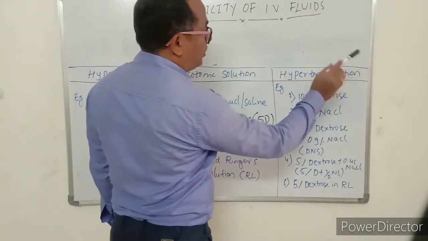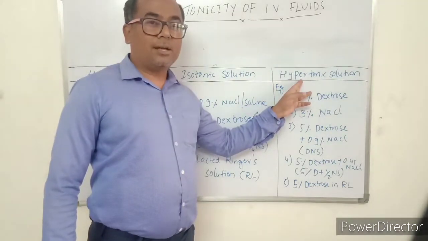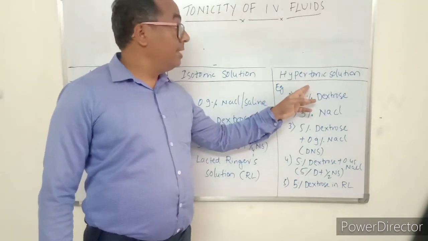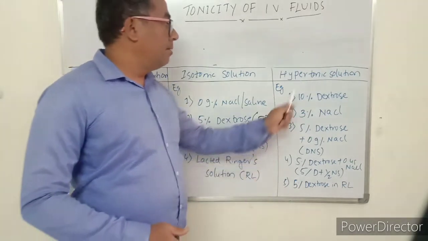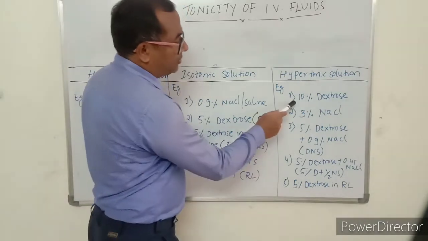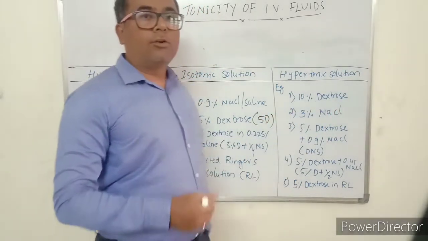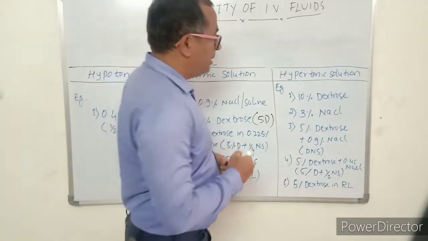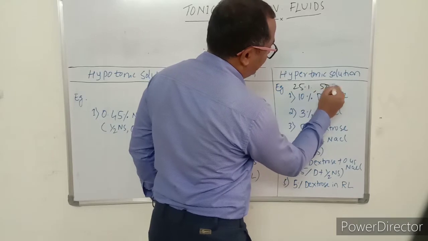Next one is hypertonic solution. In hypertonic solution, the concentration of solutes present in the IV fluid is greater than that present in the blood plasma. The examples are 10% dextrose, 25% dextrose, and 50% dextrose.